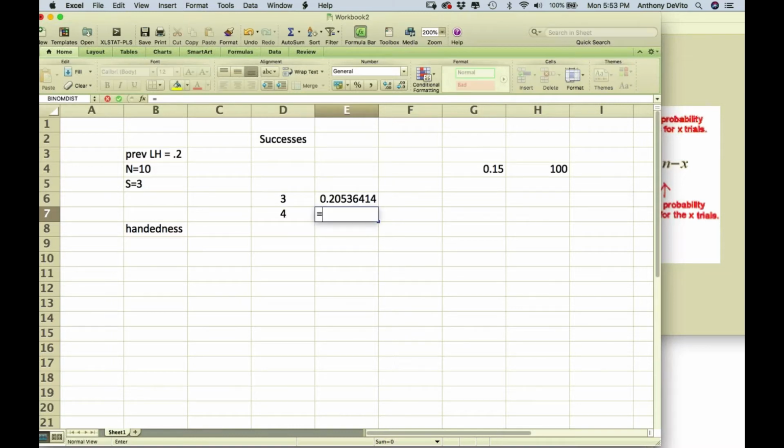We're going to use the same thing, Binomial Dist, parentheses, and I'm going to say number of successes is 3, comma, 10, comma, 0.2, comma, false. And I'm going to close that. Did I do that right? 3, 10, 0.2, false. Yes, I did it right.